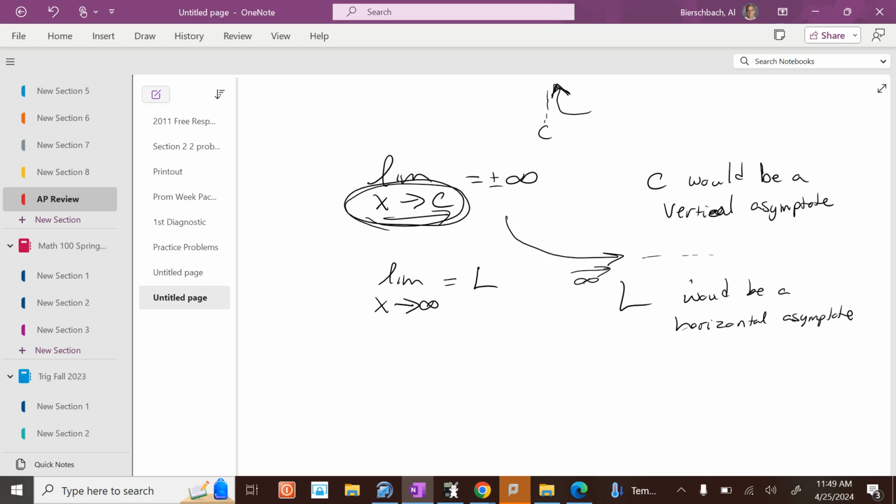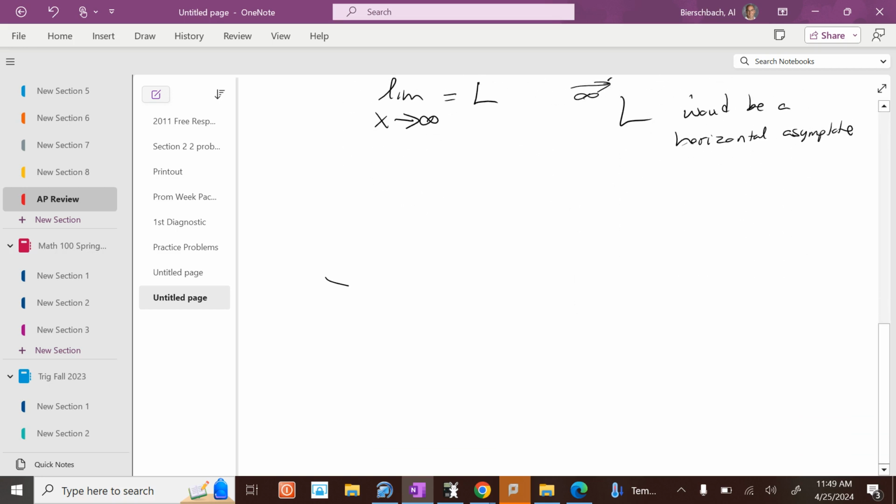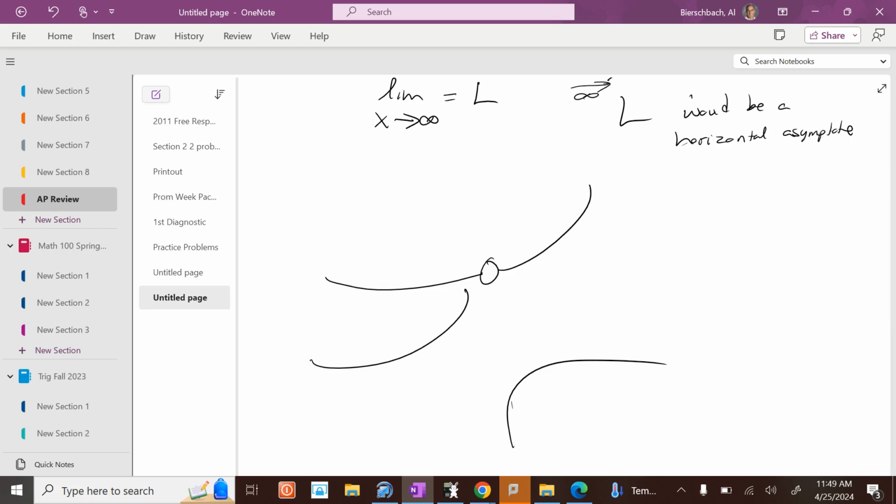Now, a hole in a graph. Okay? What's different from a hole in a graph versus an asymptote? Where does a hole happen versus where does an asymptote happen?